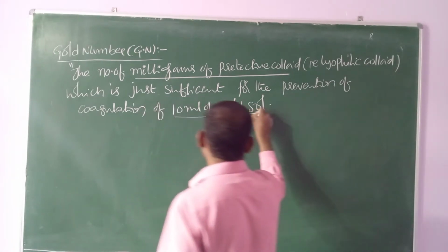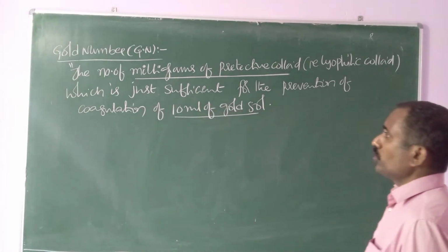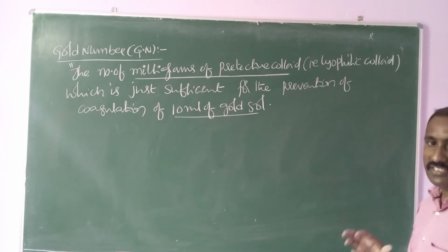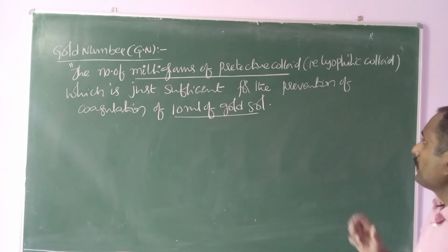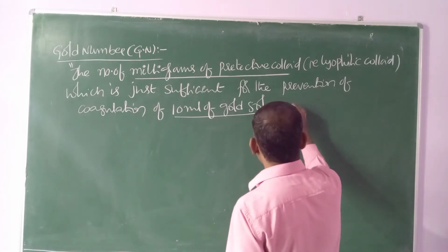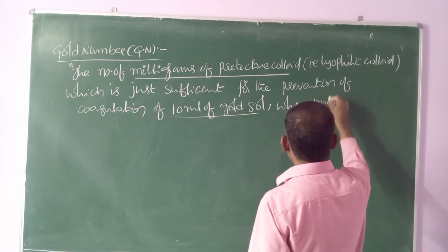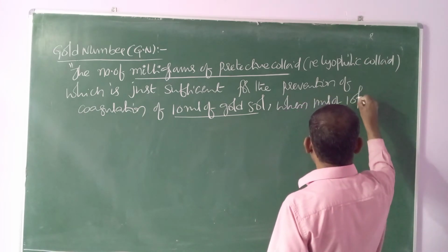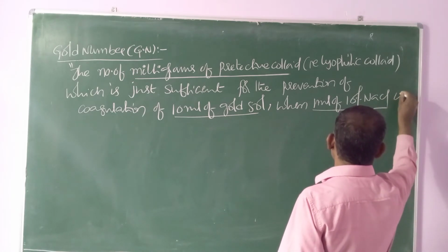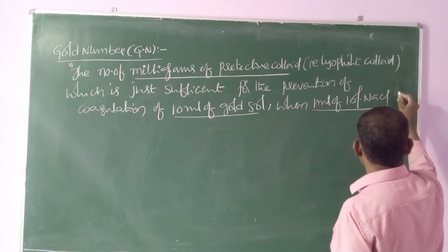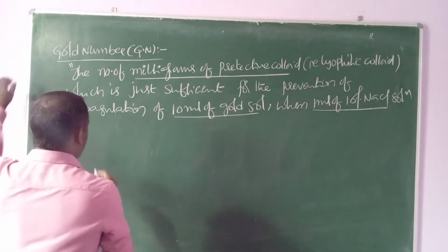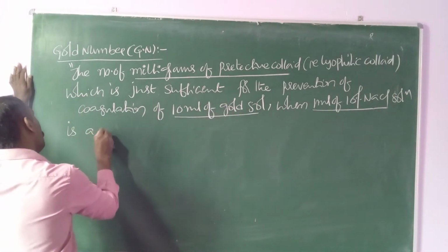So this is also important for numerical problems. Gold number is the number of milligrams of protective colloid which is just sufficient for the prevention of coagulation of 10 ml of gold sol when 1 ml of 10% NaCl solution, nothing but an electrolyte, is added to it.